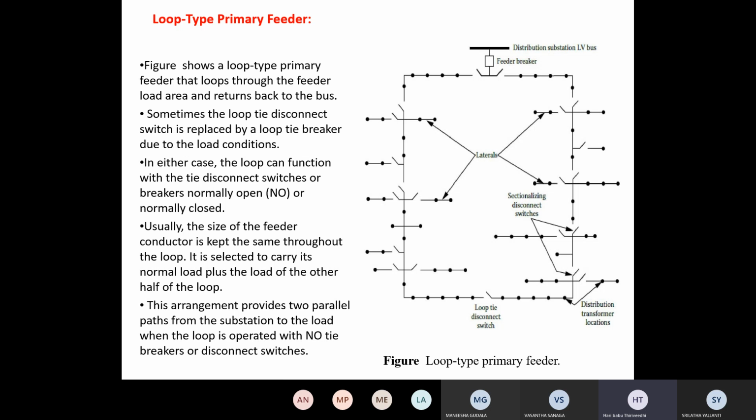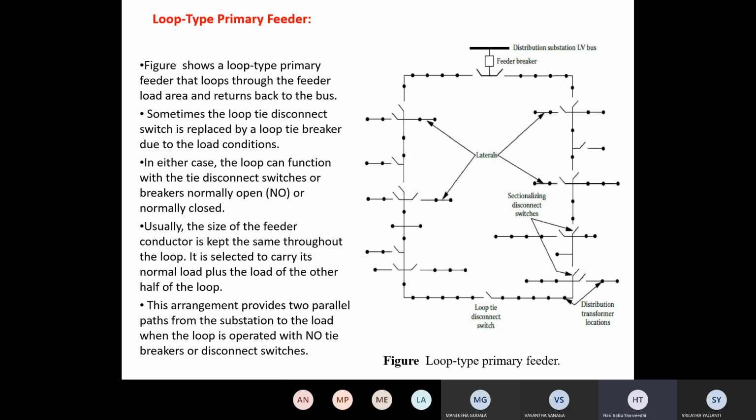This arrangement may provide two parallel paths from the substation to the load when the loop is operated with normally open tie breakers, or you can call them disconnected switches.